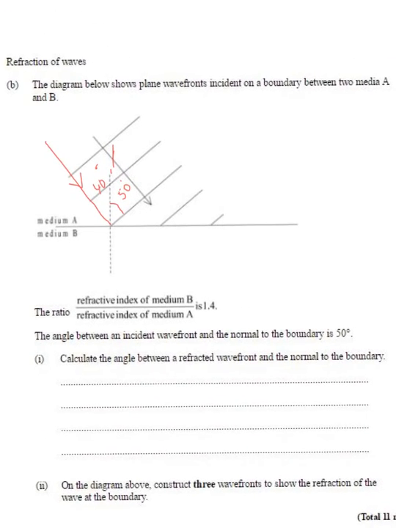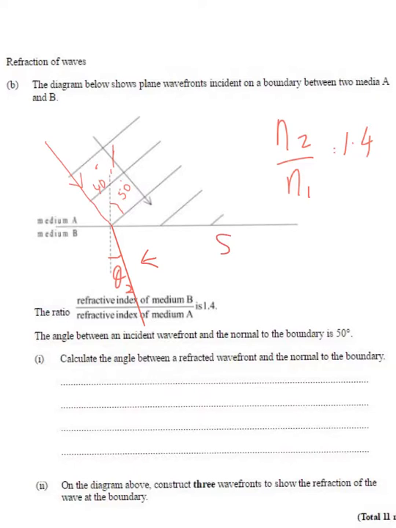We have N2 over N1 is 1.4. Now, calculate the angle between the refracted wavefront and the normal of the boundary. So what we're looking for is, oops, let me draw it properly. Okay, so we need to find that angle there. Now let's think about Snell's law.